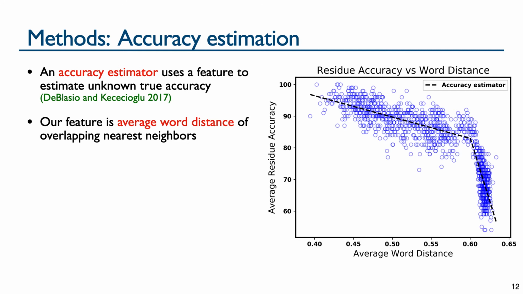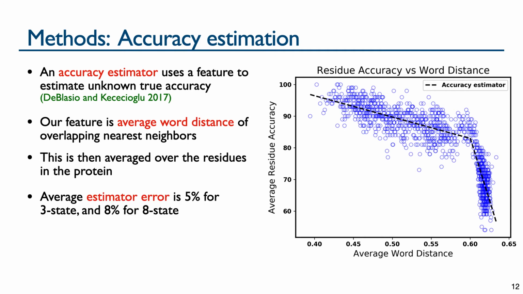The dashed lines give the piecewise linear fitted estimator, which maps word distance to estimated residue accuracy. To get the estimated accuracy of the prediction for the entire protein, we average this estimate over its residues. The resulting accuracy estimator has an average error of 5% for the 3-state model and 8% for the 8-state model.